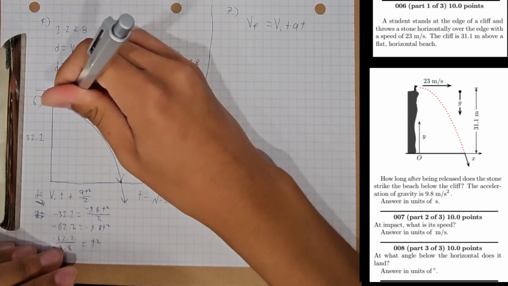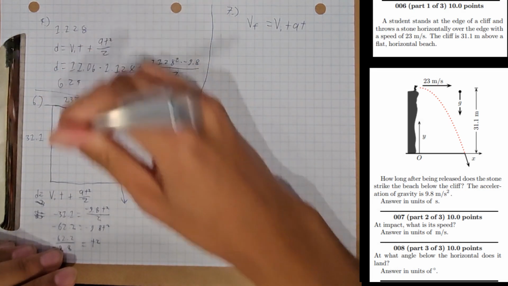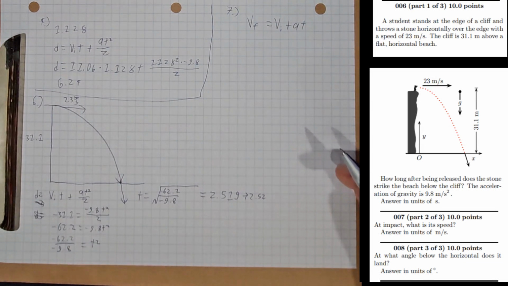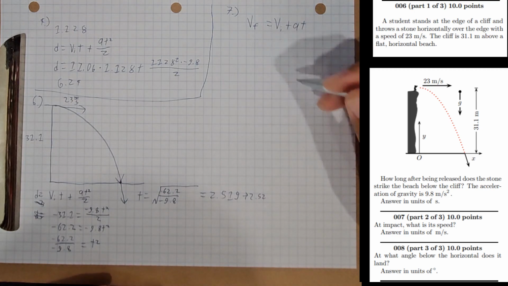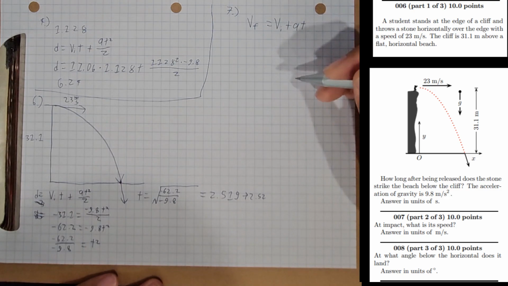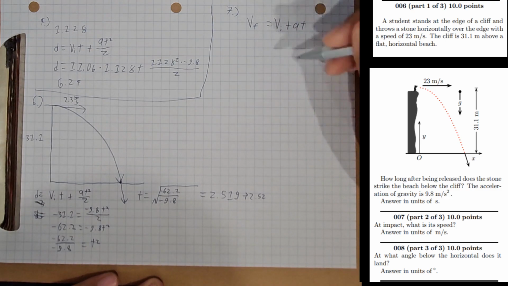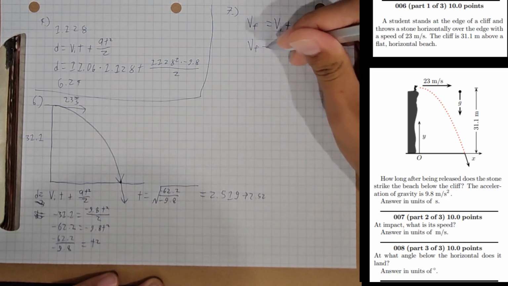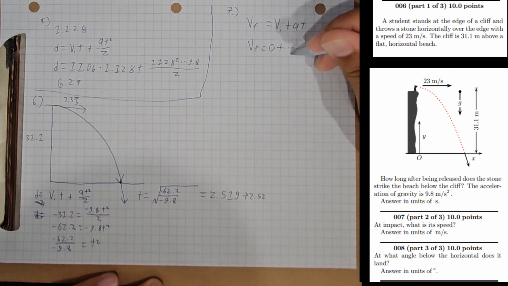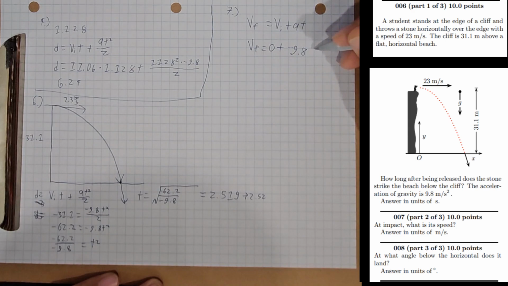So for me it's 23 meters per second. So to solve for this, we're going to take the initial velocity, which is 0, VF equals 0 plus negative 9.8 times time, which we found out is 2.519.